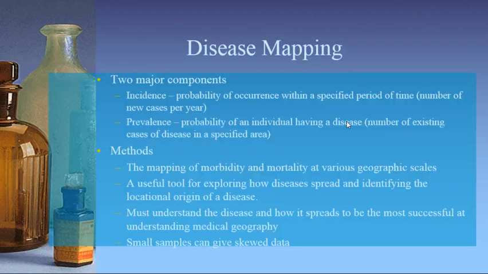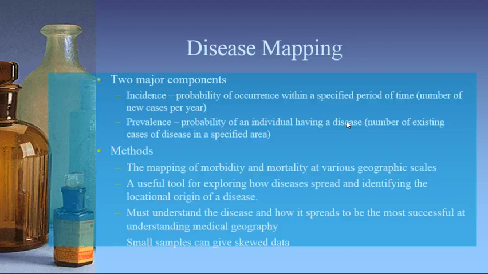So you have to understand the disease, how it spreads, to be most successful at understanding the geography of the disease. You can map diseases, and sometimes those maps will help you understand the disease, but if you're truly going to analyze what the risk is, what's going on here, then you really do need to understand the disease itself. Transmission is very helpful, stuff like that.